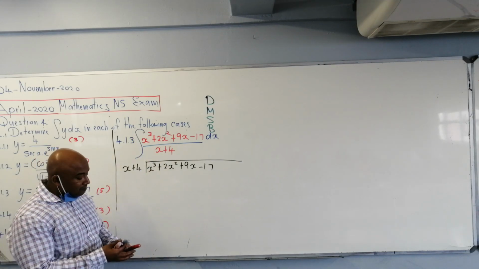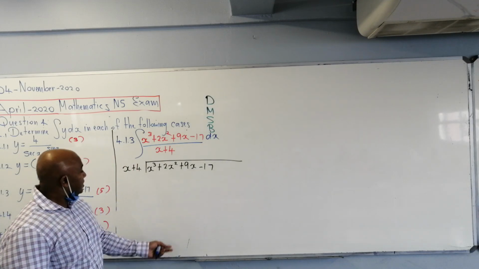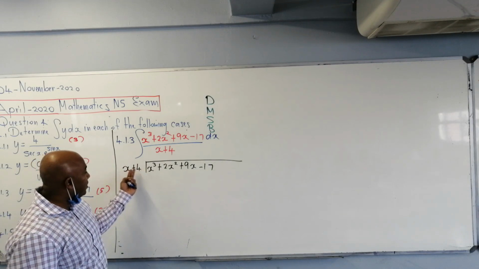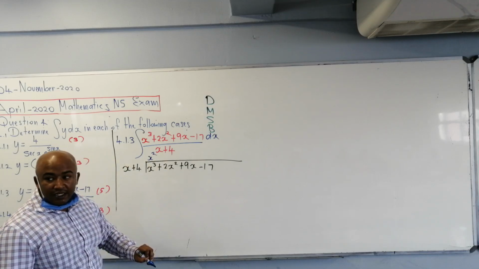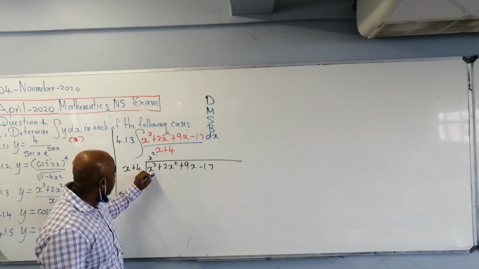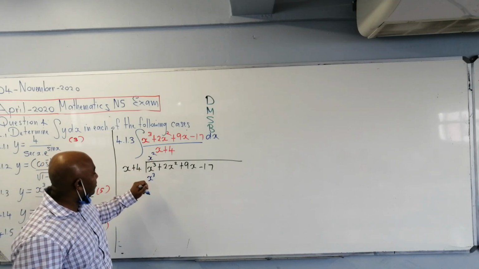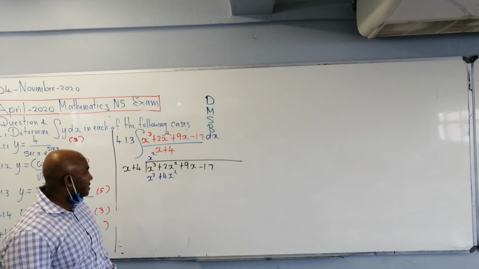Okay, so now let's go for step number 1, which is divide. So term 1 divided by term 1, x cubed divided by x will be x squared. Multiply, x squared times x is x cubed. X squared times 4 is 4x squared.